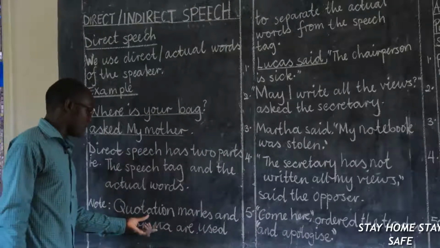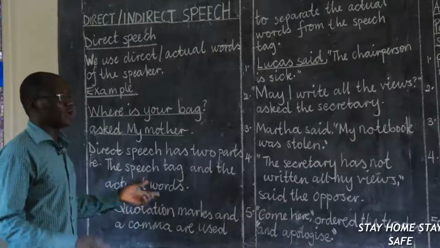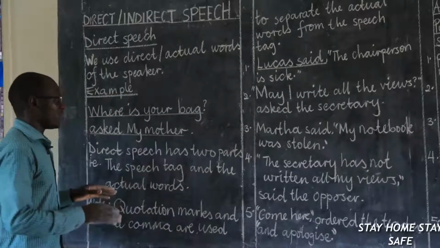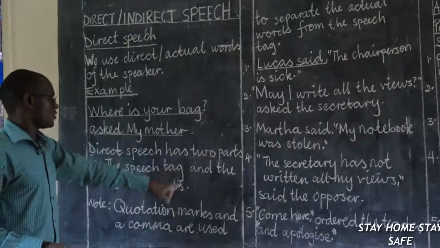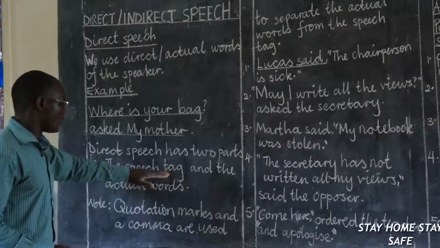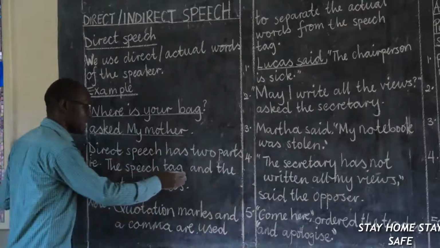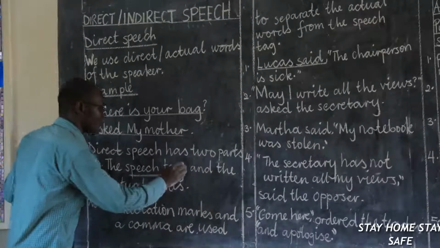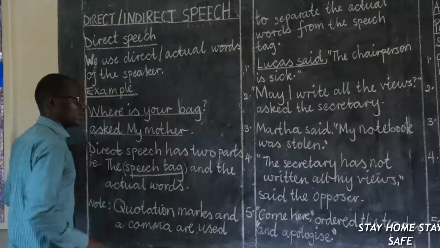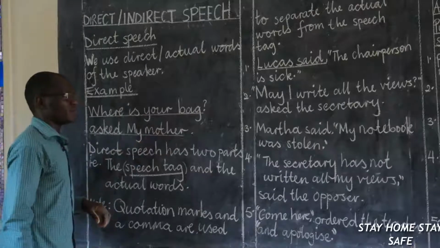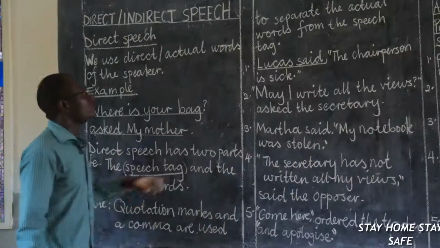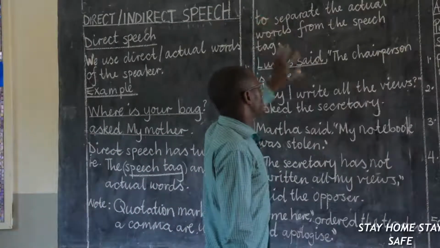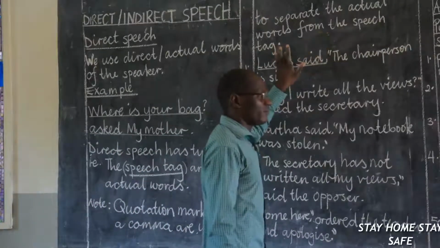So we need a comma and quotation marks to help us separate our own words, which we refer to as the speech tag, from the speaker's words, which we have called the actual words. The speech tag is what we use to speak what somebody has spoken.